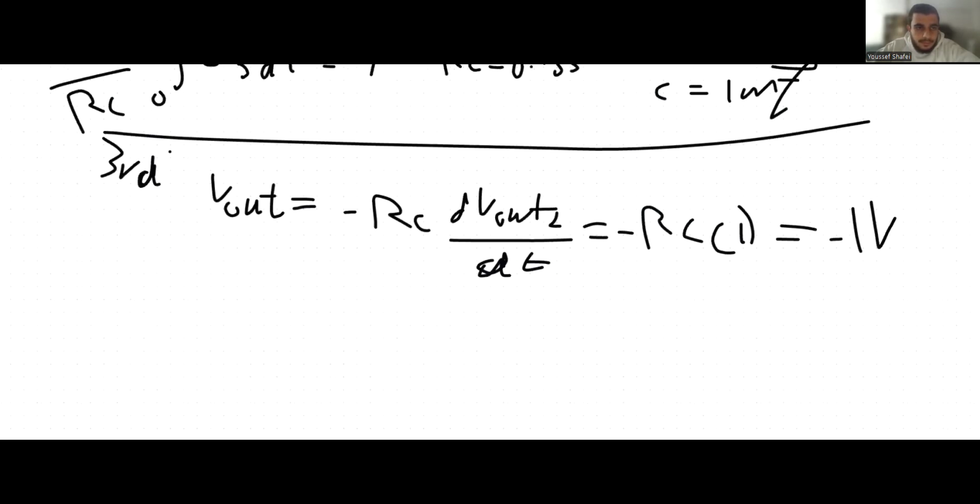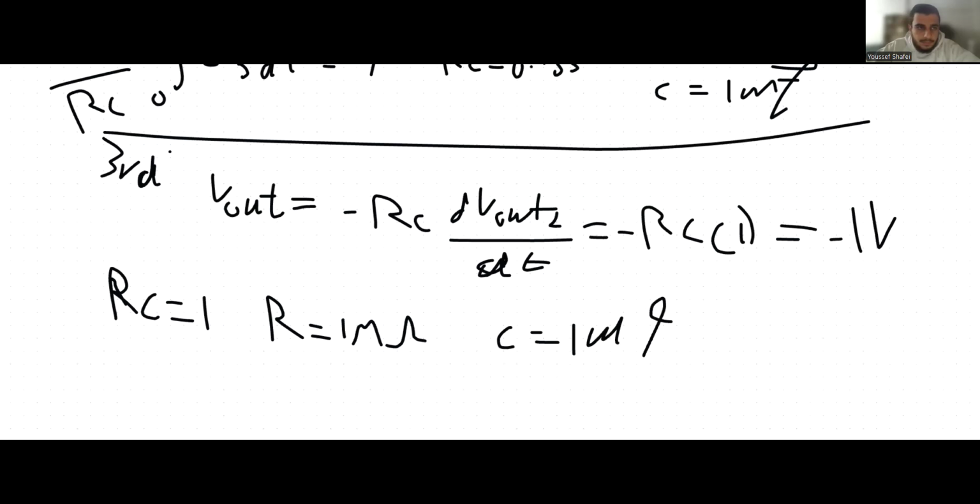So the RC will be equal to 1, and R equal to 1 mega ohm and C equal to 1 microfarad.